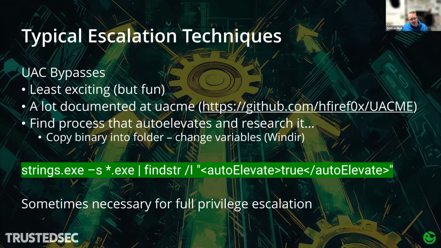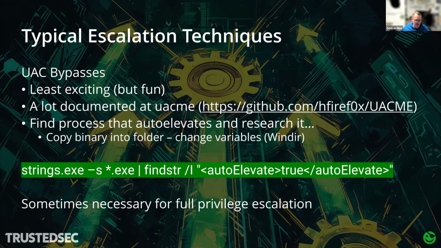Okay, so UAC bypasses. This is probably the least exciting, but for me personally, I think this is a lot of fun. A lot of the known techniques are documented at a project called UACME, so that's totally worth checking out.